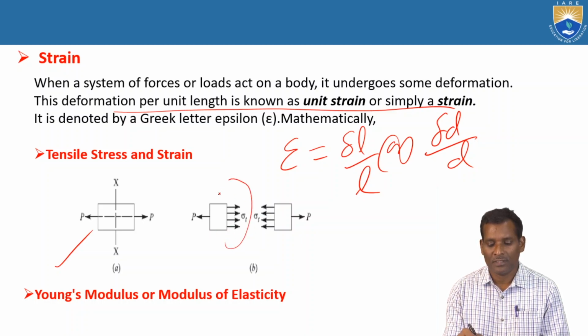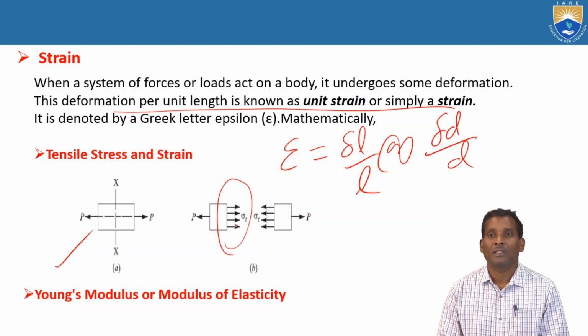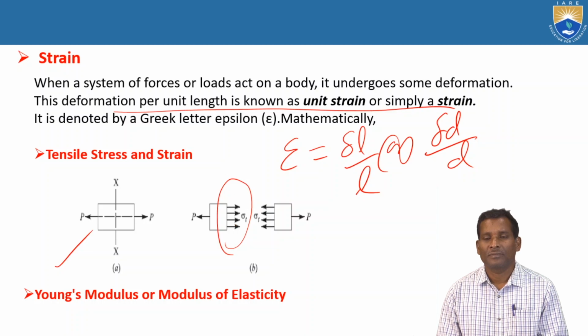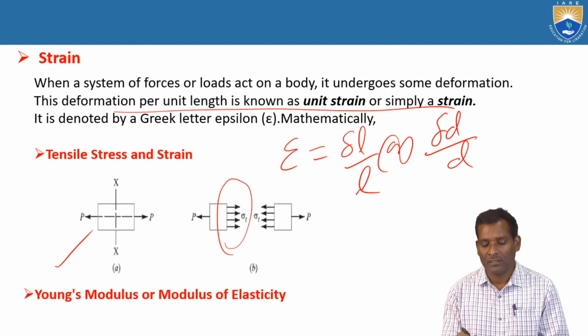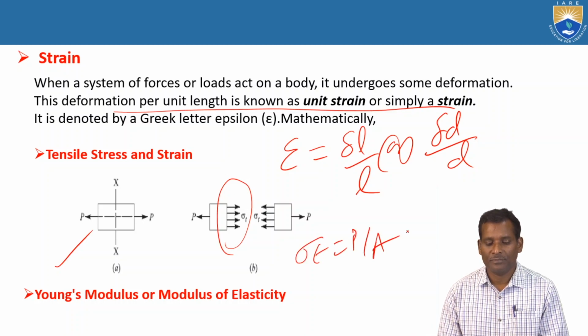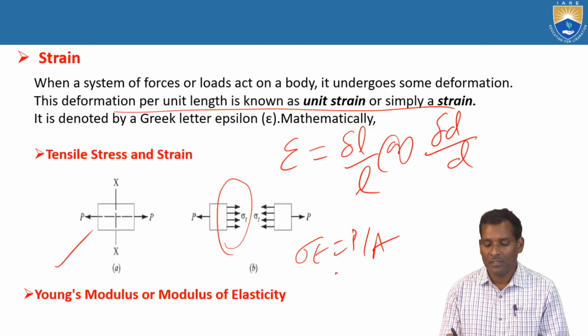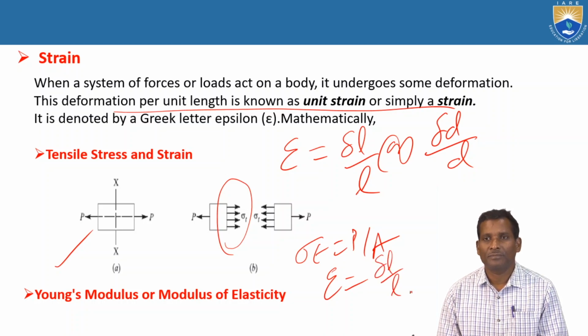So tensile stress will be induced in this object at this section: sigma T is equal to P by A. Similarly strain is change in length, delta L by L.